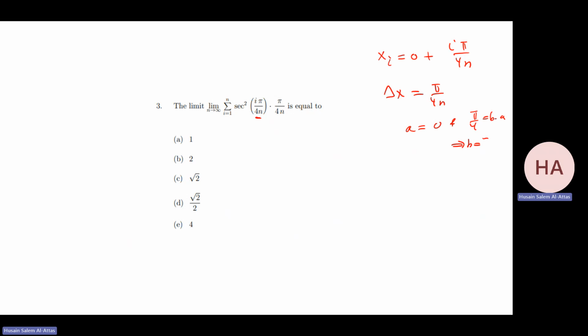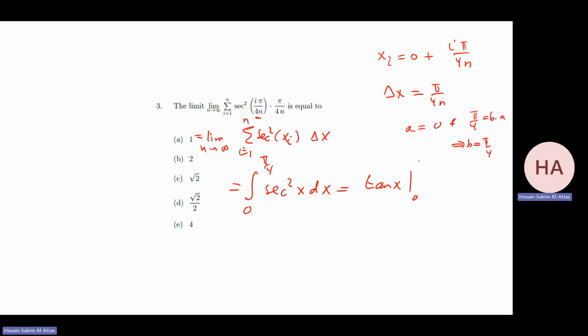So b equals pi over 4. And this one, I can rewrite it. Limit n goes to infinity, summation i equals 1 to n of secant squared of x i delta x. So that will be the integral from 0 to pi over 4 of secant squared x dx. So that will be tan x from 0 to pi over 4, which is 1 minus 0, which is 1, which is this. Okay.